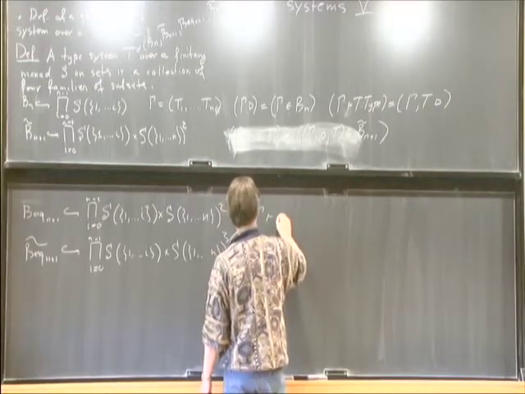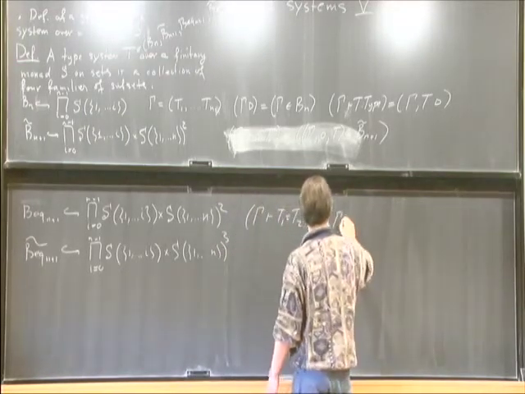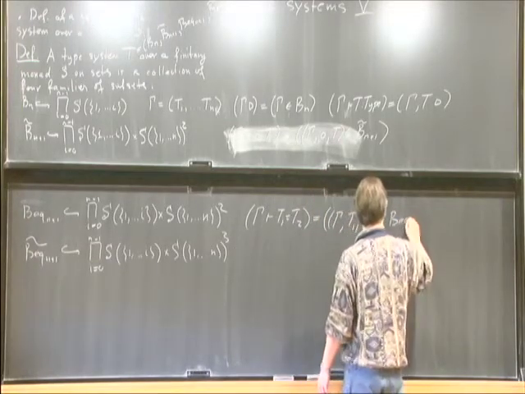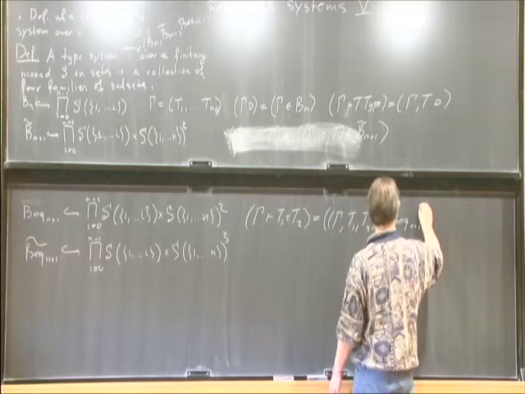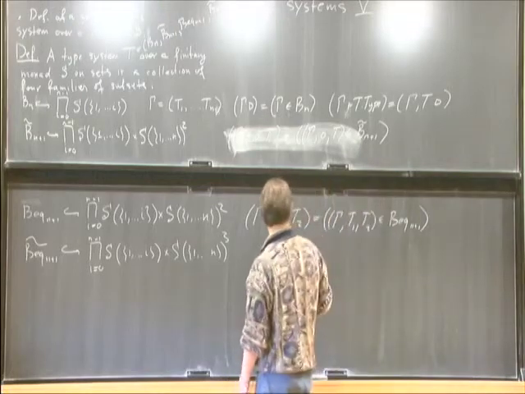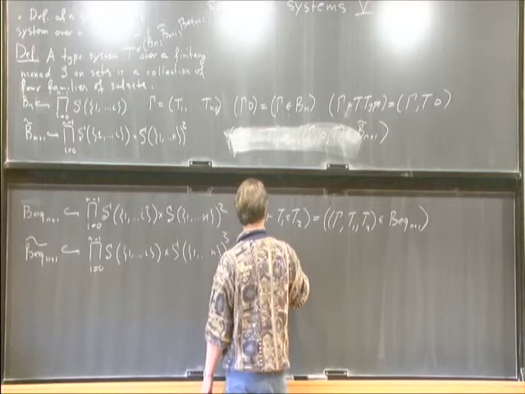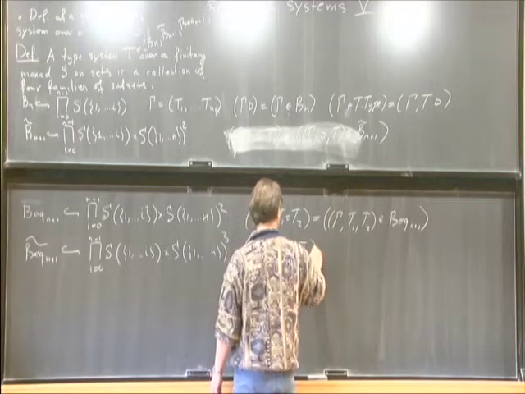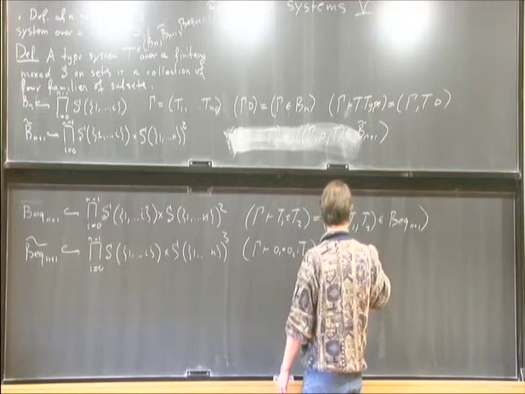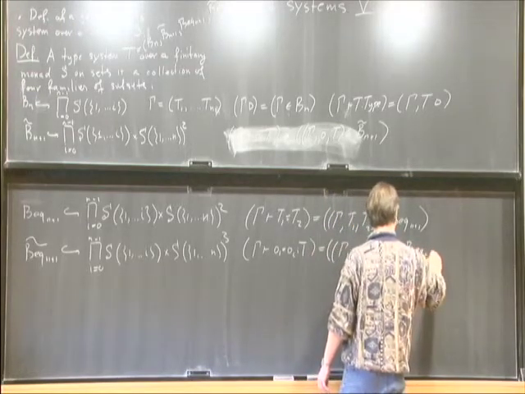Now gamma turnstile T1 equals T2 is a notation for gamma T1 T2 belongs to B EQ n plus 1. With the indices, there might be some. And finally, gamma O1 equals O2 colon T is a notation for gamma O1 O2 T belongs to B EQ n plus 1 tilde.